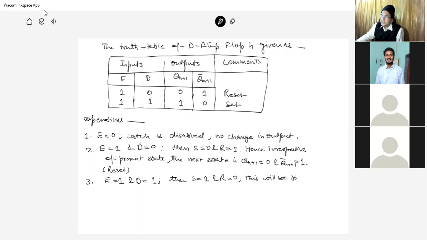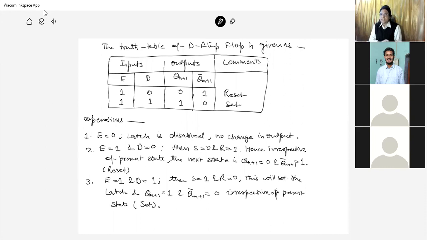This will set the latch, and Qn plus 1 is 1 and Q bar n plus 1 is equal to 0, irrespective of present state, and therefore it is known as set.